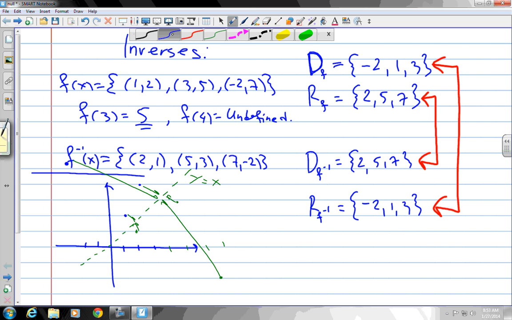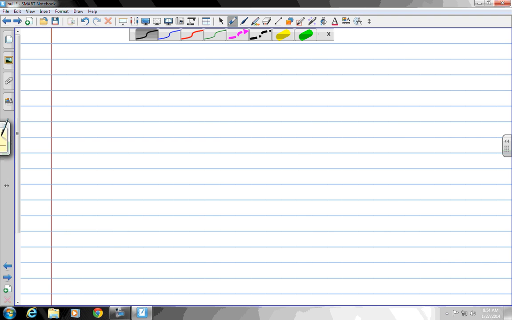So now let's write the official definition of a function and its inverse and some wonderful properties that come with it.